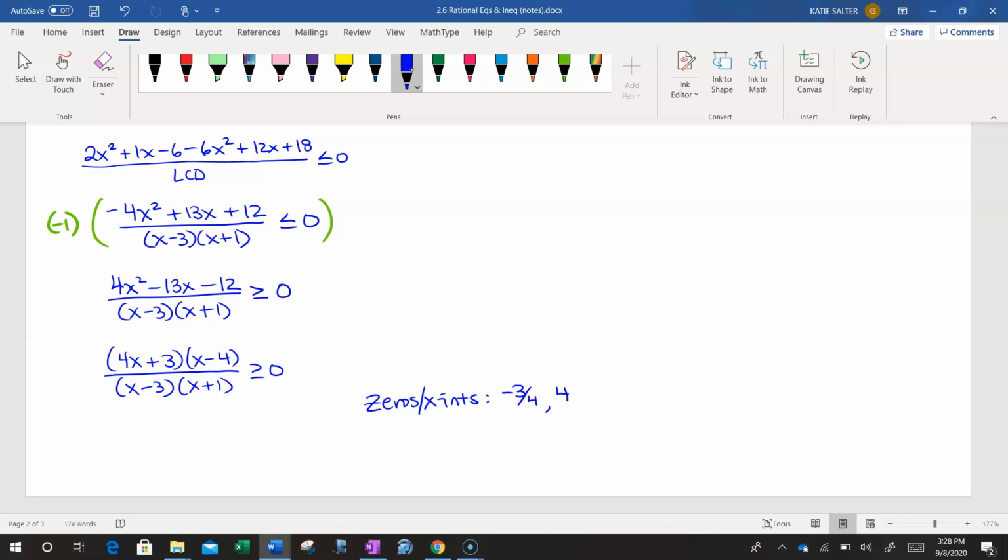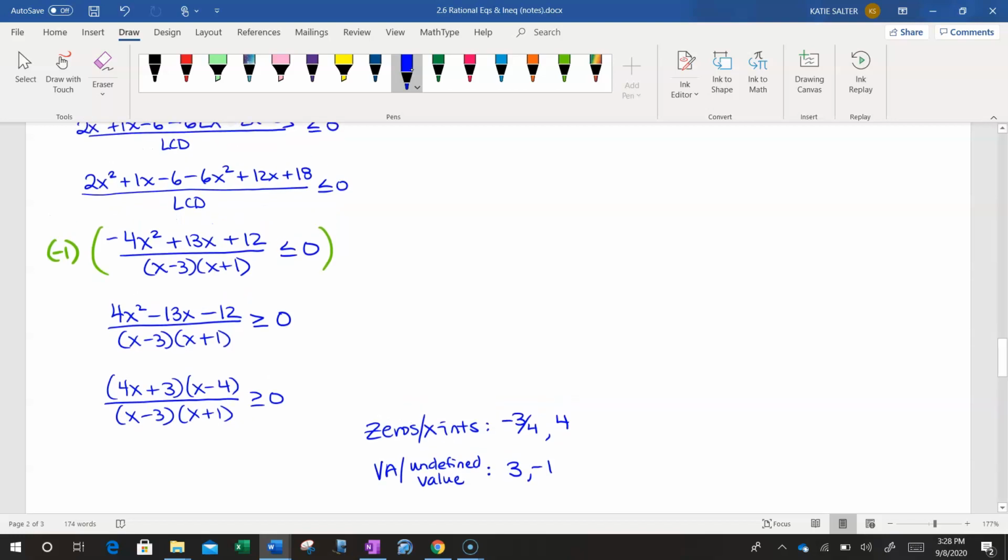But from the denominator, the vertical asymptotes, or the undefined values, because remember, the vertical asymptotes are what make that function undefined, or if you think about the equations, they're the same things as the restrictions, are positive 3 and negative 1. And then we're just setting those factors equal to 0 to get those.